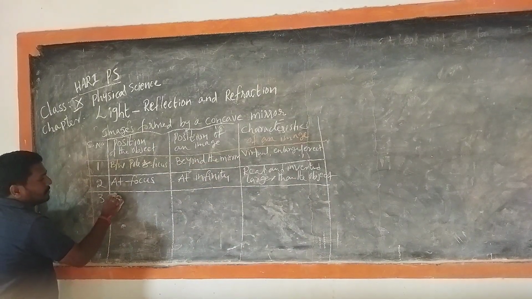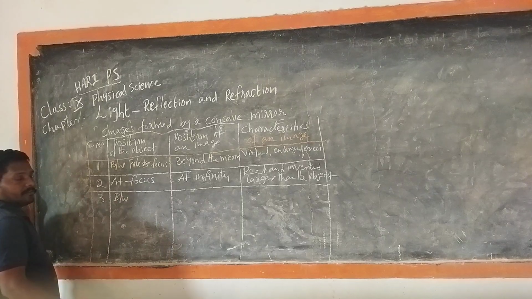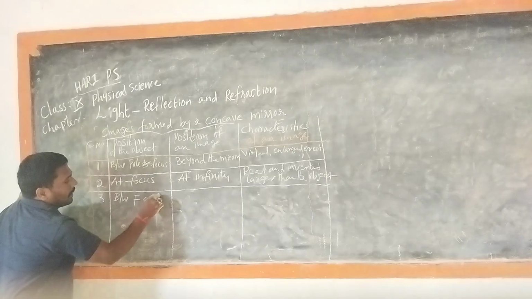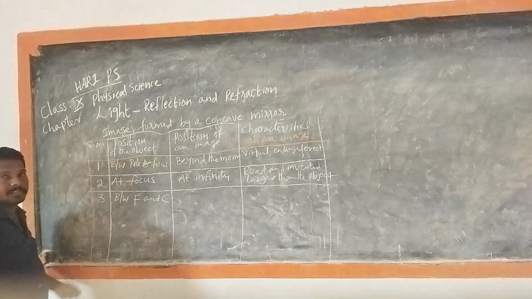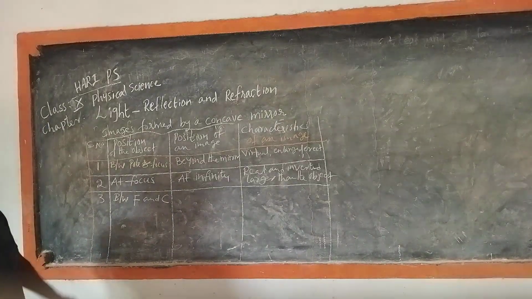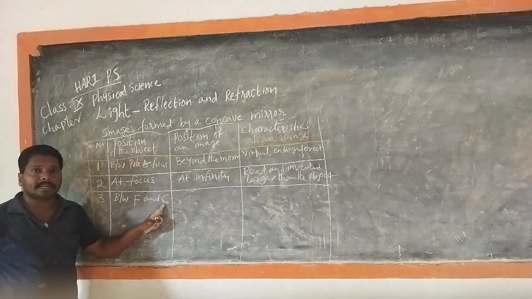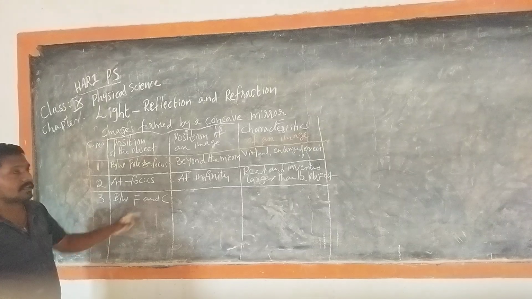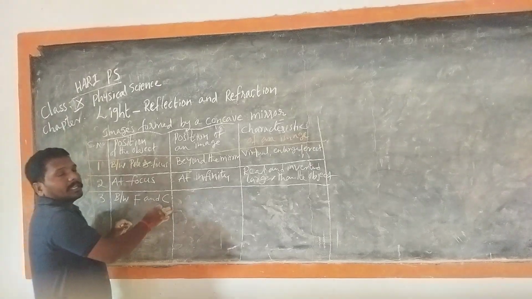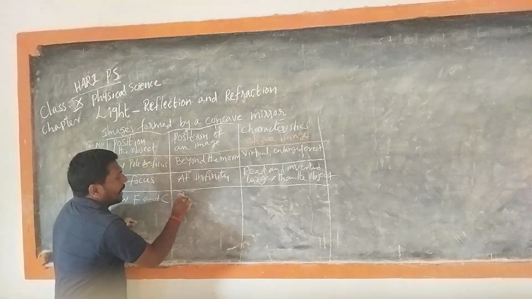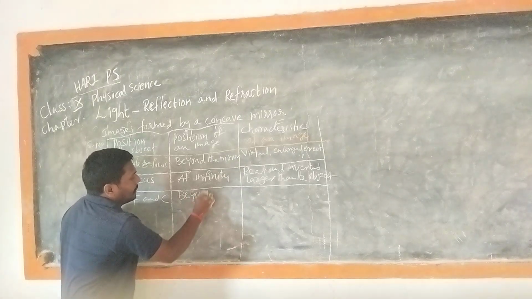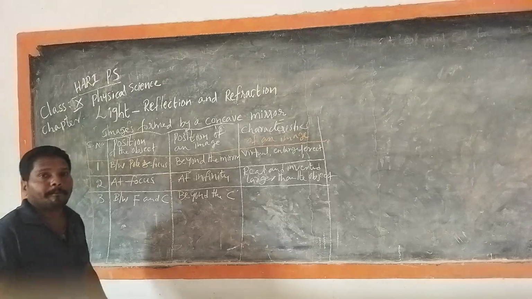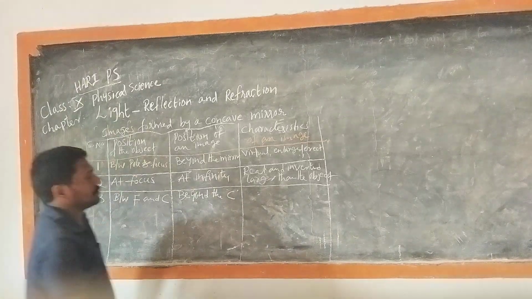Then coming to the third one, between focus and center of curvature. If you place the object between focus and center of curvature, where is the image formed? Behind the center of curvature.